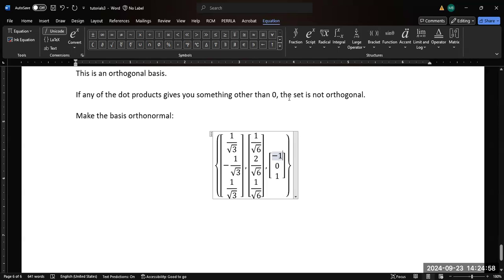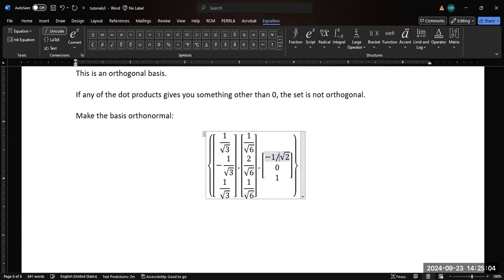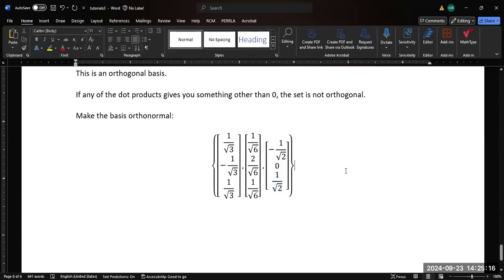And then this one has a length of radical 2 because there's only 2 components that are both 1. 0 divided by square root of 2 doesn't do anything. And so we end up with this is our orthonormal basis.